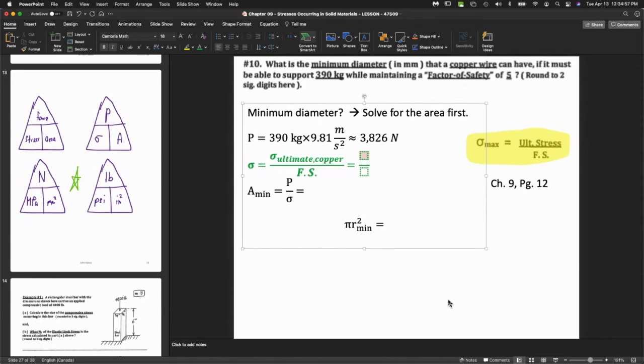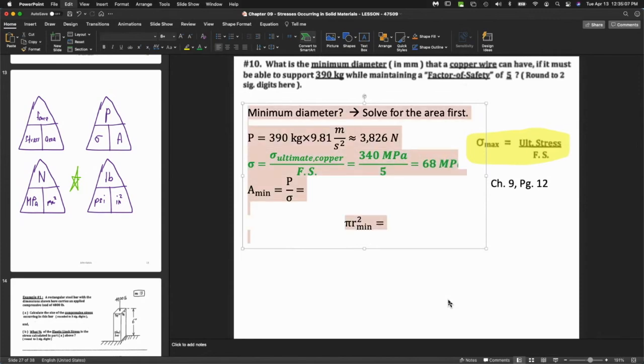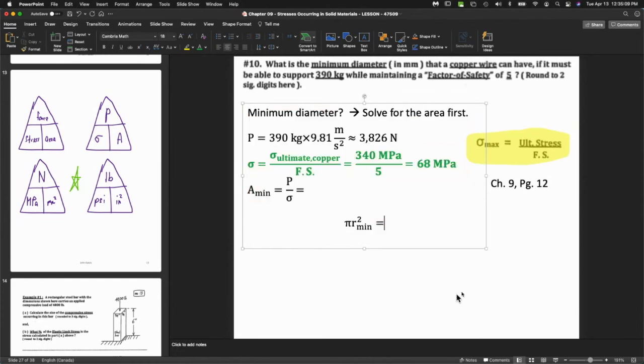I got 340 megapascals. I think we had that one in a previous question. So 340 divided by 5. Many of you should do that in your head. Hopefully there's a few people in this crowd that can do that in their head. Anyway, there you go. So we have all the goods. We have 3826 newtons over 68 megapascals.